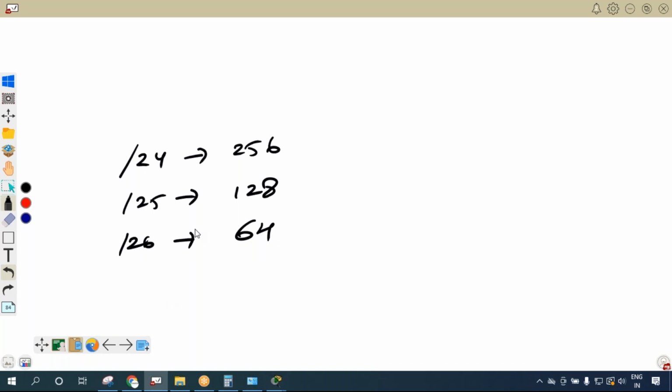If you see here carefully, my dear friends, /24 gives you 256 IPs. /25 gives you 128 IPs. /26 gives you 64 IPs. It reduces. For /23, if you see this logic, can you tell me how many IPs?